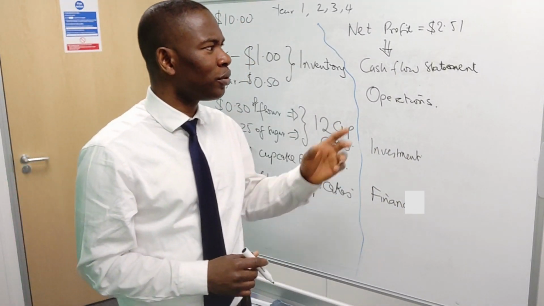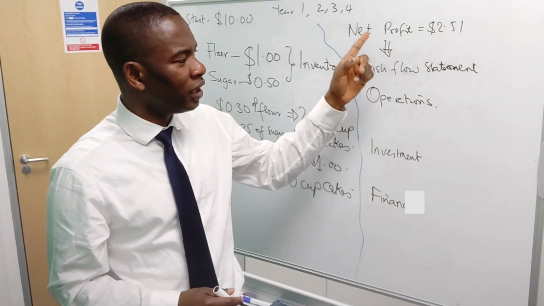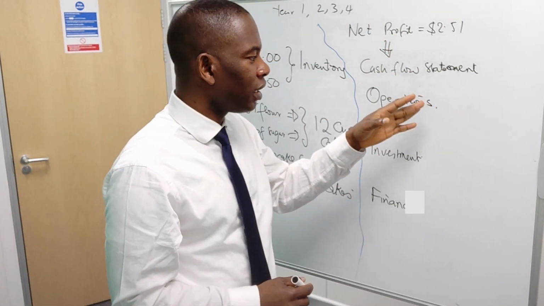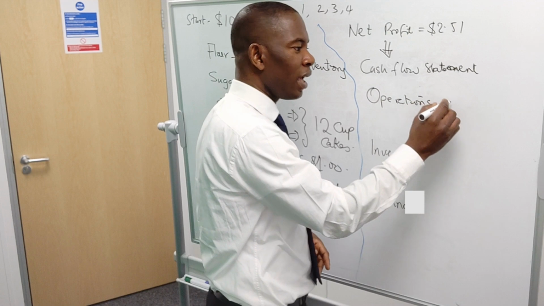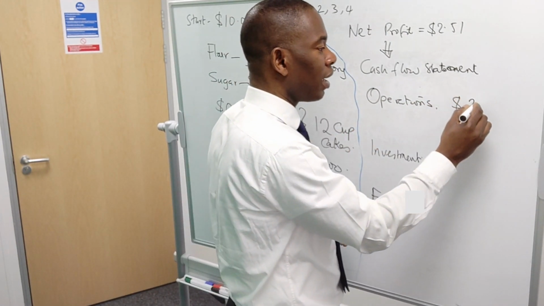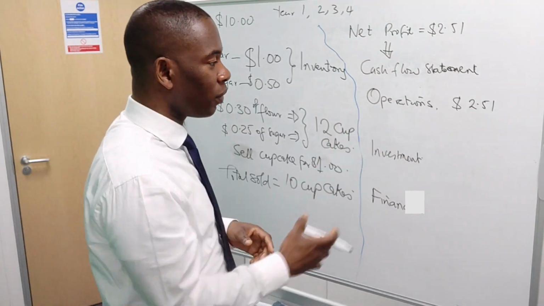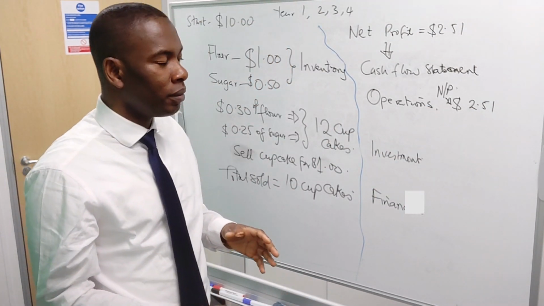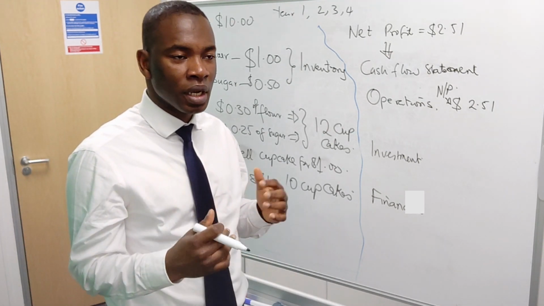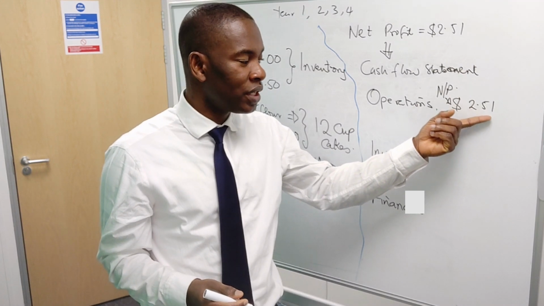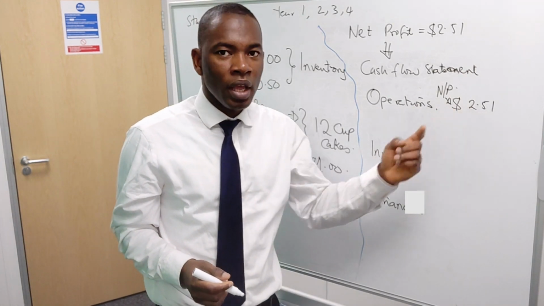So let's move on to the issue of the net profit. We bring in our net profit here, and we are now starting to make adjustments to our net profit of $2.51. The first thing we do is there are some non-cash charges which we add back to this number.